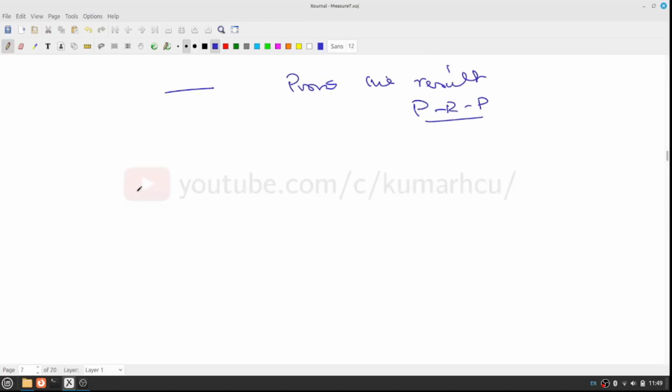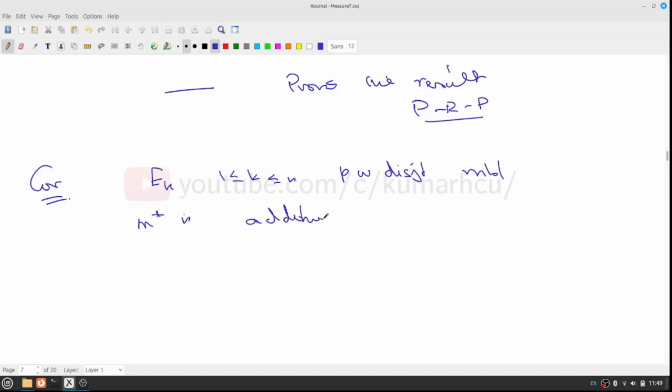Now notice, as a corollary, suppose the E_k, 1 less than or equal to k less than or equal to n, are pairwise disjoint and measurable. Then I want to say m star is additive on this, finite, of course. What does it mean? That m star of the union k equal to 1 to n equals the sum of m star of E_k.